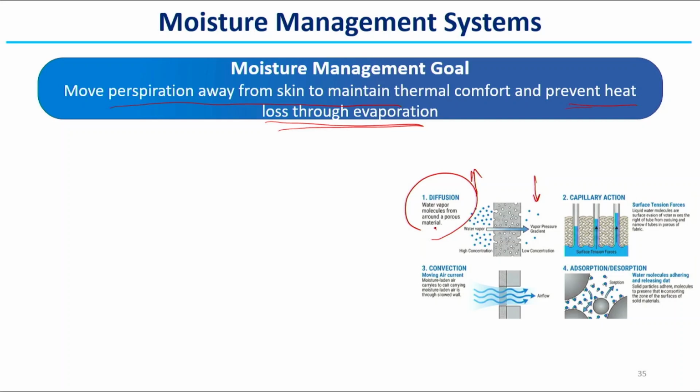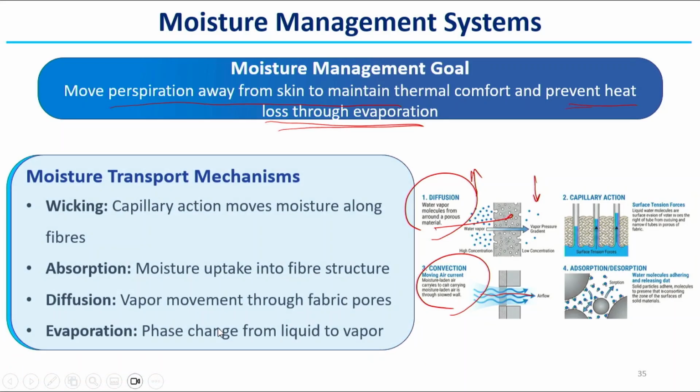Convective moisture flow is the movement of air through the pores that takes away the moisture with the air flow.